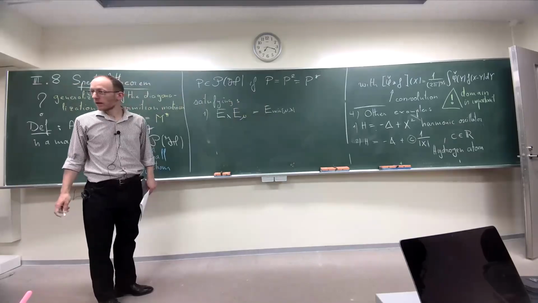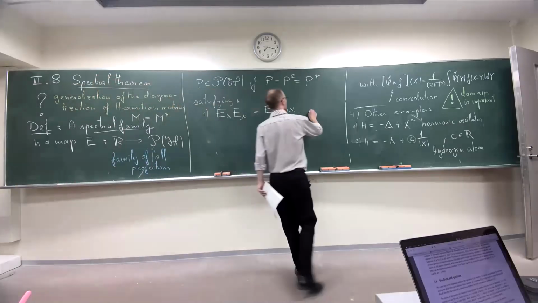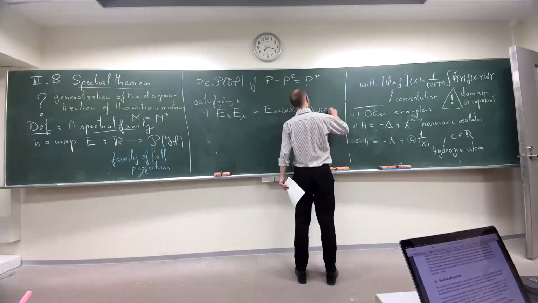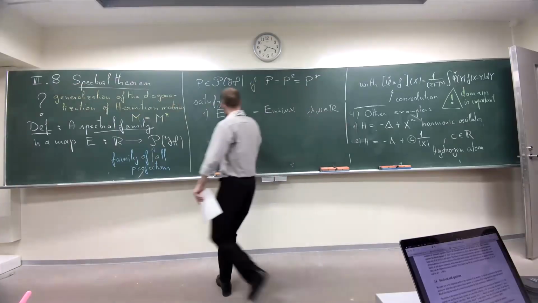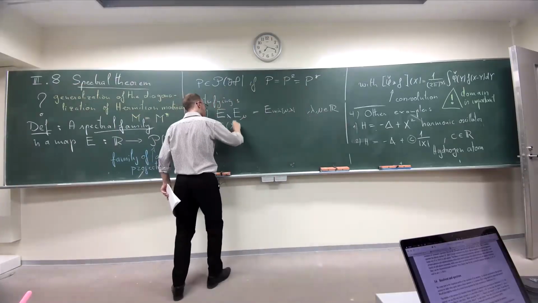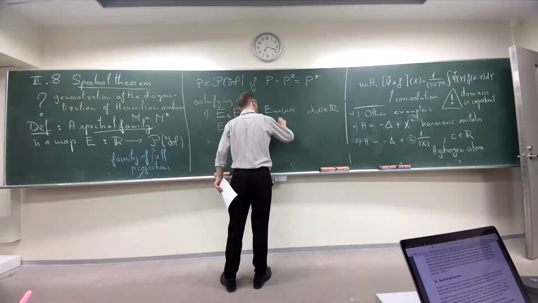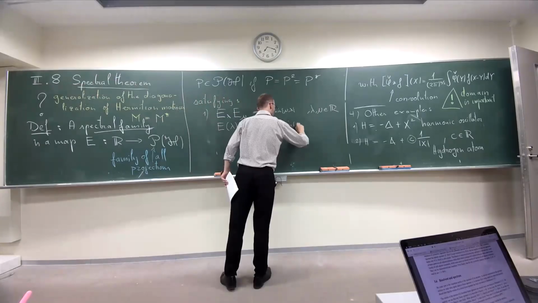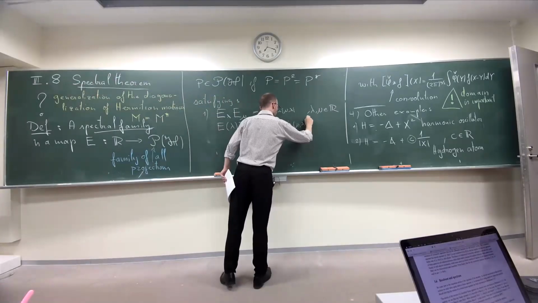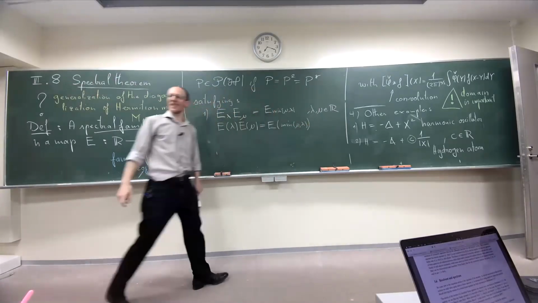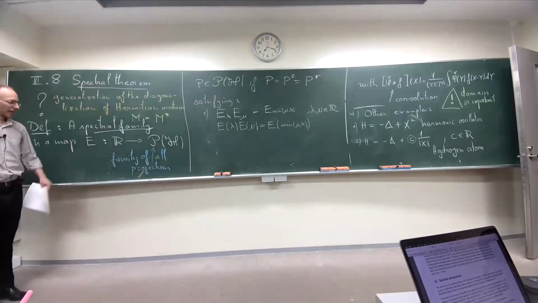Sorry? Just real numbers. Lambda and mu are just real numbers. Maybe you prefer this notation, but this is not the one we use. Do you prefer this notation? It's a function.